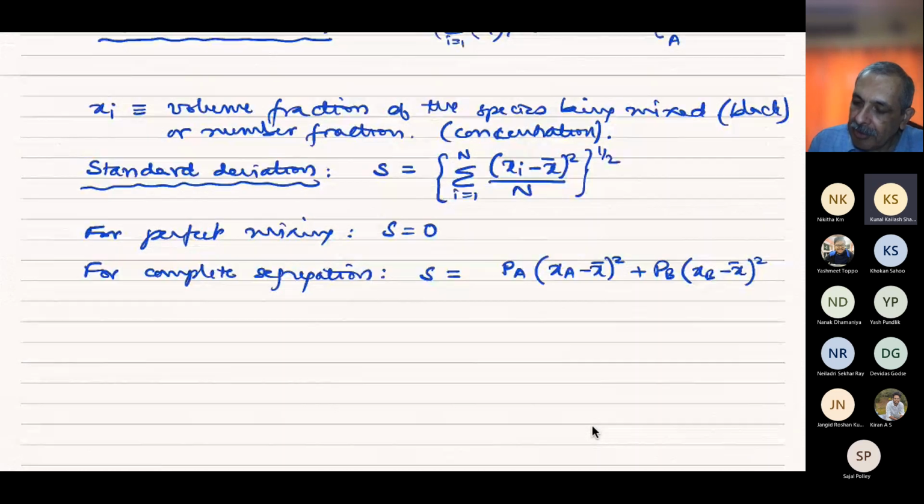So we have replaced this whole summation by just writing it as probabilities.